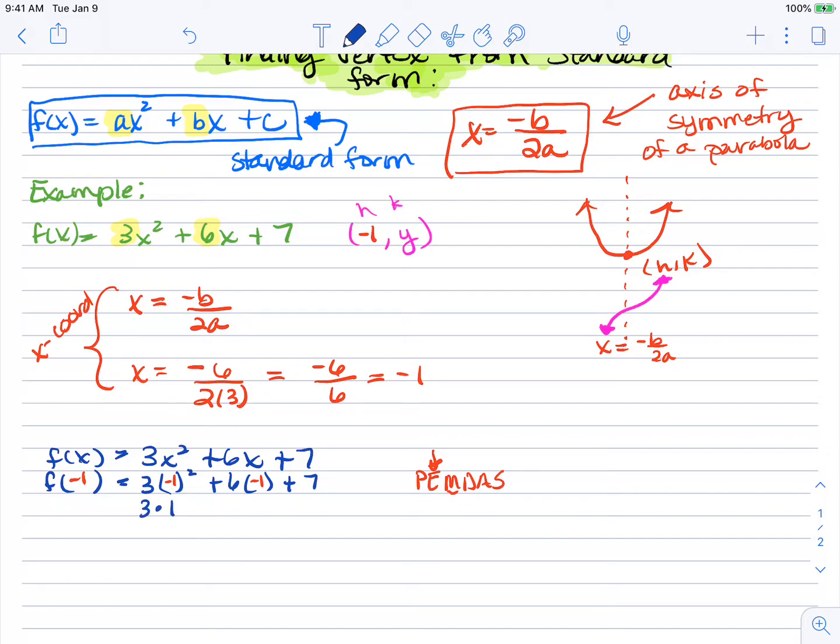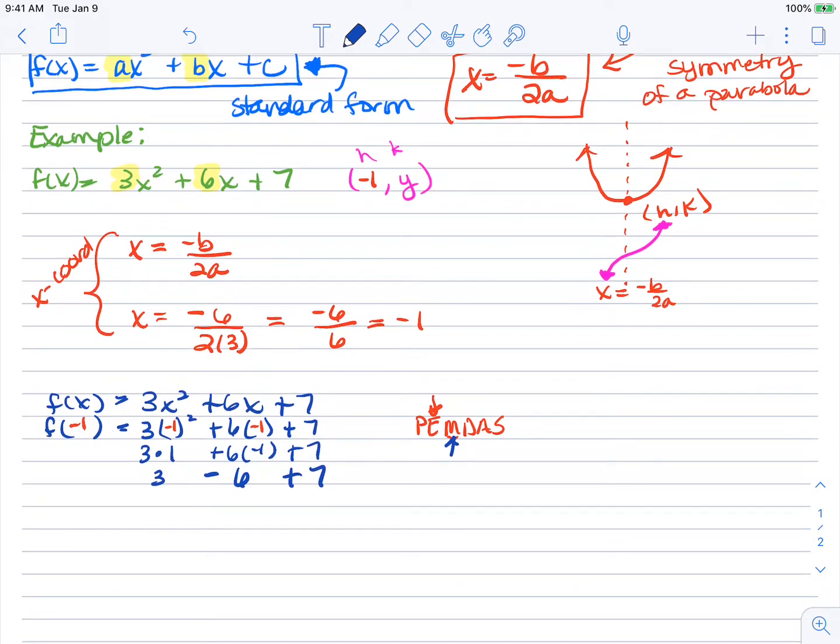So 3 times positive 1, and then plus 6 times negative 1, plus 7. Okay, so I did my exponents. The next thing is the multiplication step: 3 times 1 is 3, and positive 6 times negative 1 is negative 6, and then a 7. Then I do my 3 minus 6, which is negative 3, plus 7, and negative 3 plus 7 is 4.